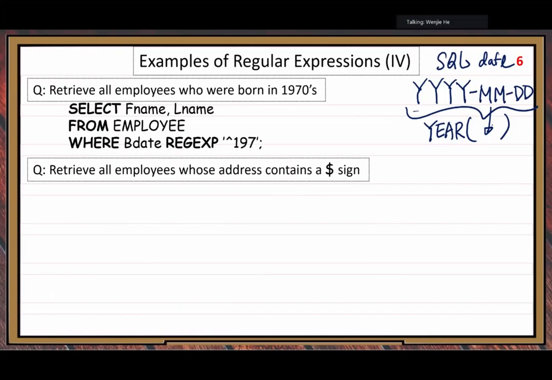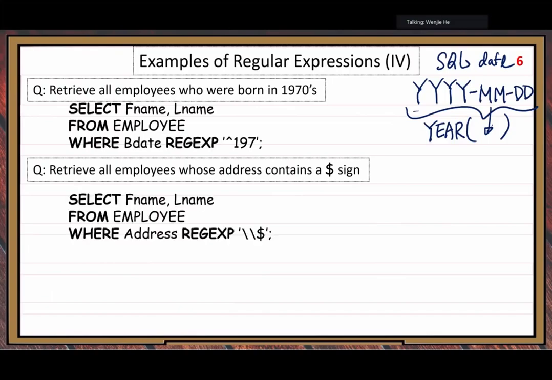That's the main thing we need to do: how to escape the special meaning of the $ sign. Use a double backslash, not single. Single won't work, only double works.